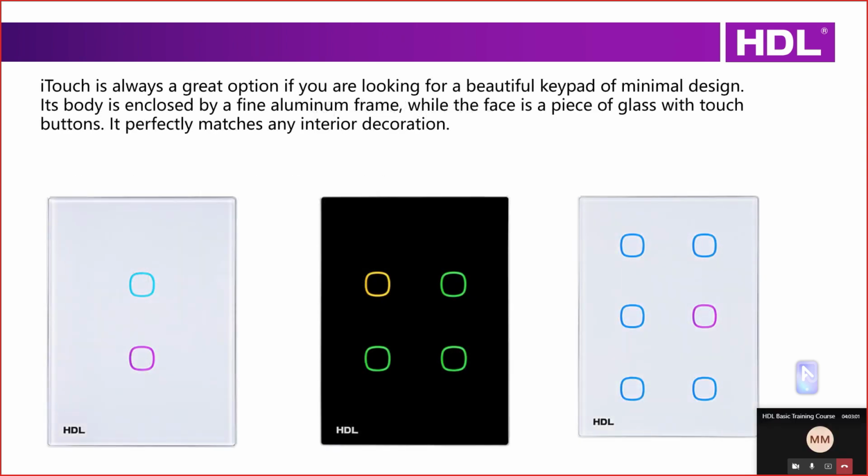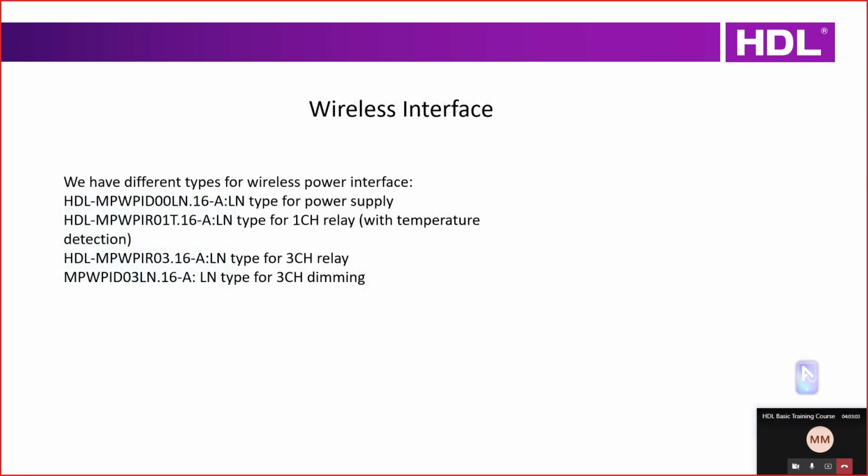As we have different panels, then we have different interfaces for each panel. For example, we have the interface just for power supply, and we have the interface for 1-channel relay with temperature detection, and we have the interface for 3-channel relay, and we have the interface for 3-channel dimming as well.